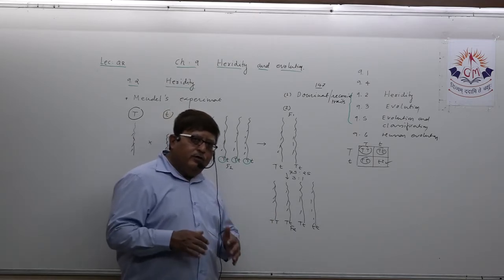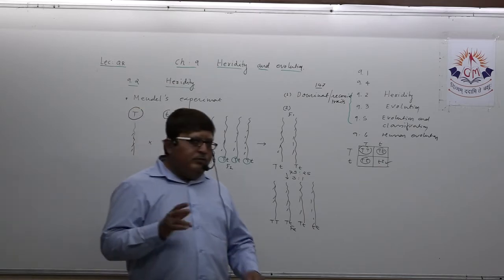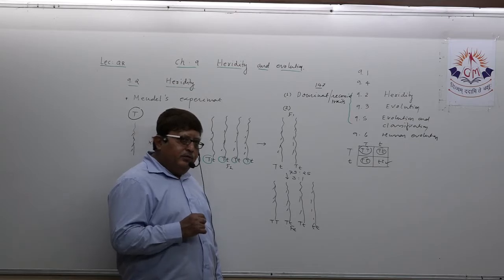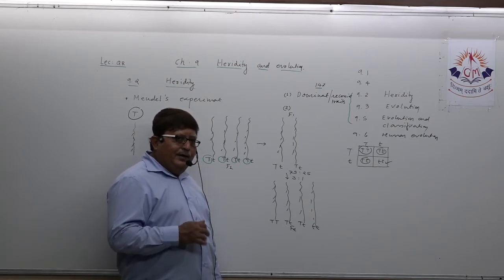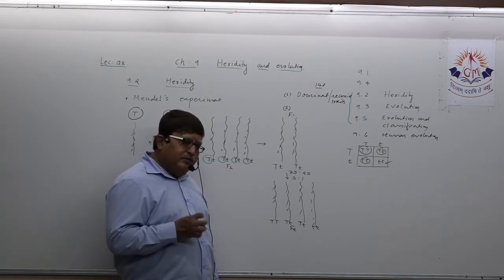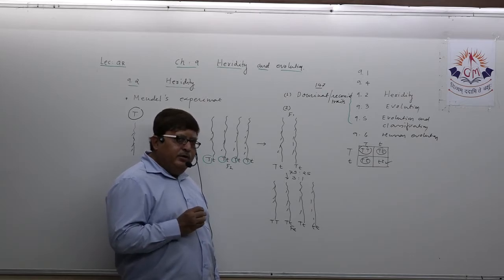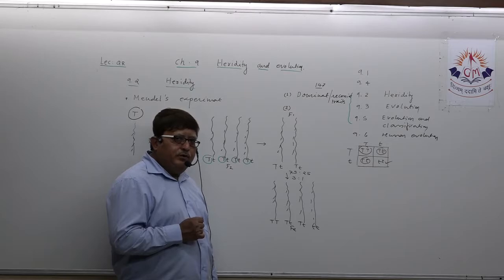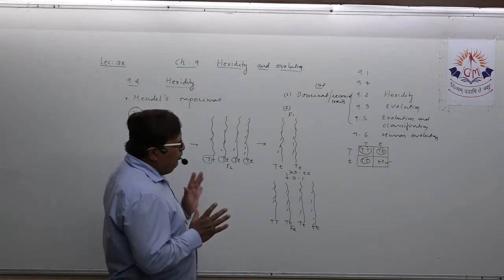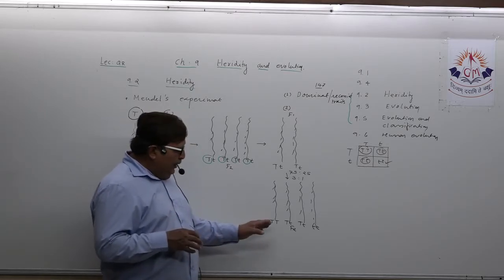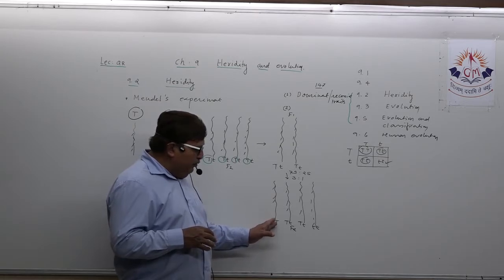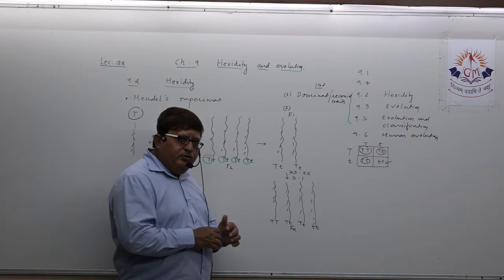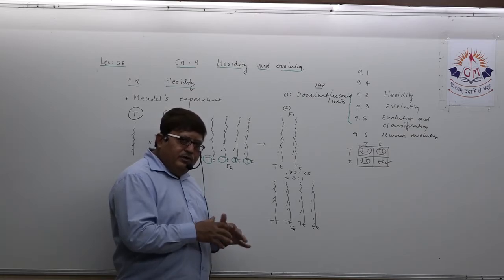So he was sure by just performing these two experiments that inheritance of hereditary character happens in this way only, that some traits remain dominant and some traits remain recessive. You understood this? So these two experiments you have to keep in mind, and how to create the genetic makeup, which I sometimes told in my lecture, the genotype, or gene mixture.